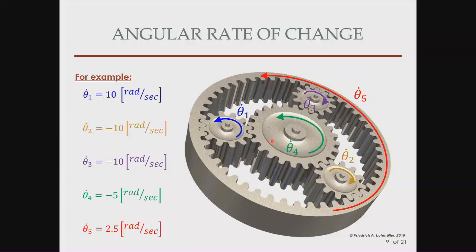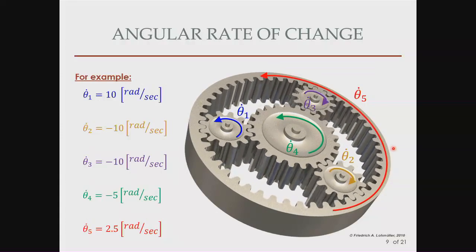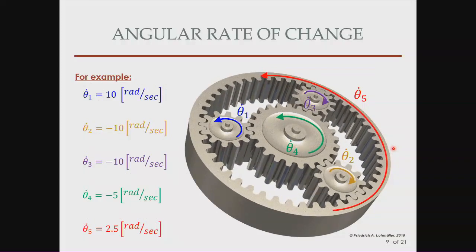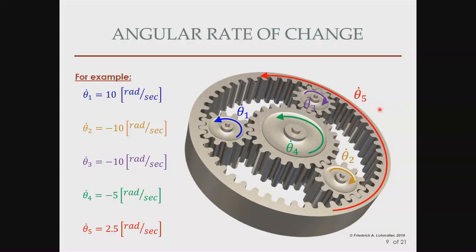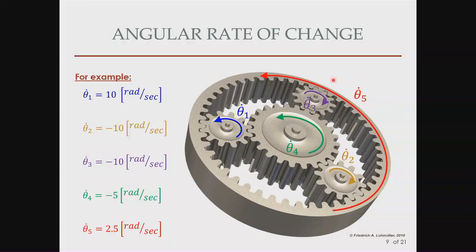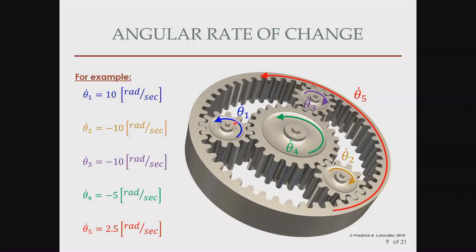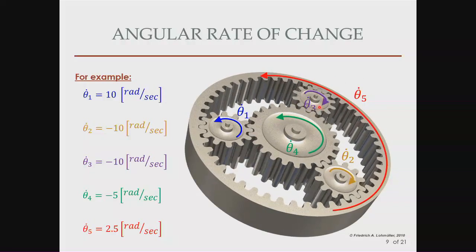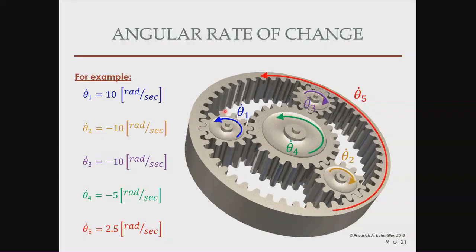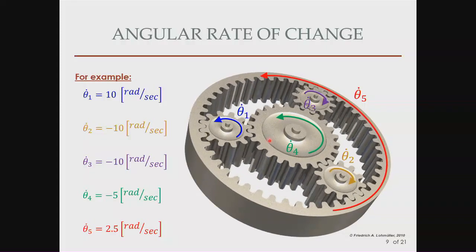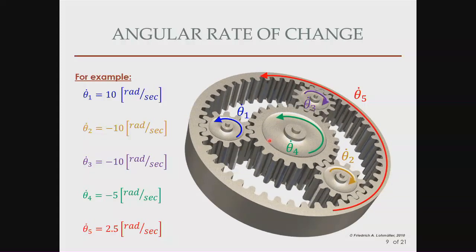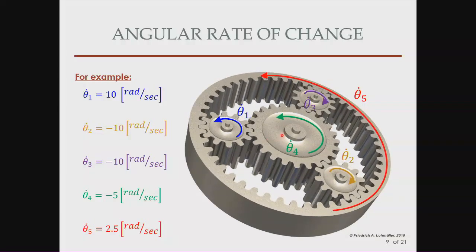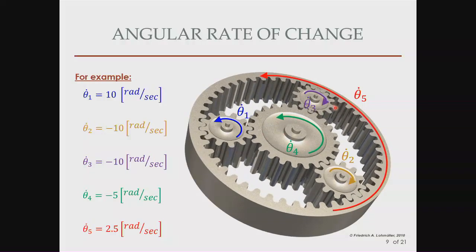Here is just an example of different bodies. They are rotating, and the angular rates of change, I define them as theta 1 dot, theta 2 dot, theta 3 dot, and so on. The arrows here are the convention I use to say what is the positive direction. I drew it randomly, but then I need to stick with it.